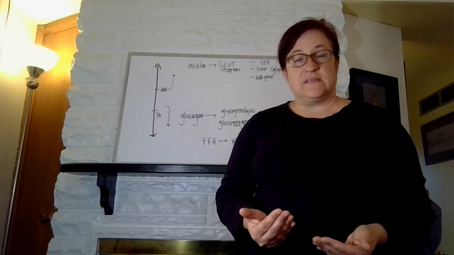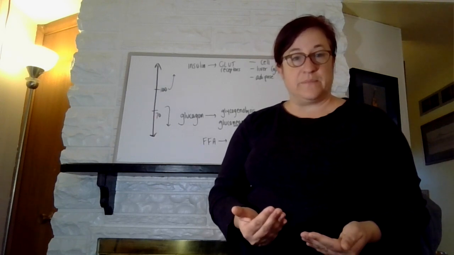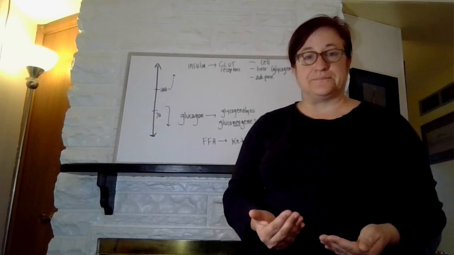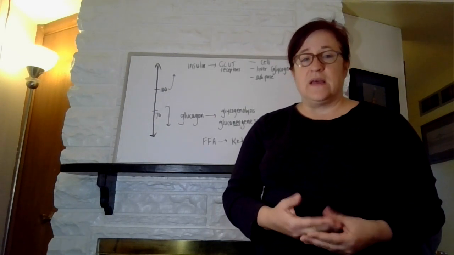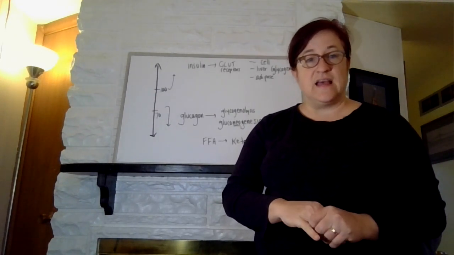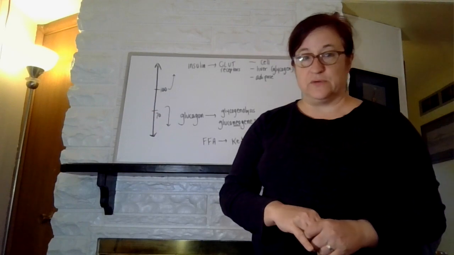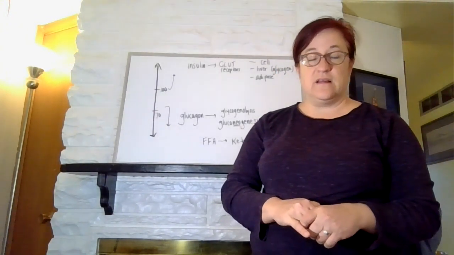So one of the ways that glucose is stored, the first way is in the liver, where it takes the form of glycogen. And then if the liver storage is filled up, then it's converted to fatty acids and is stored in adipose tissue. So you can't do any of that without insulin.